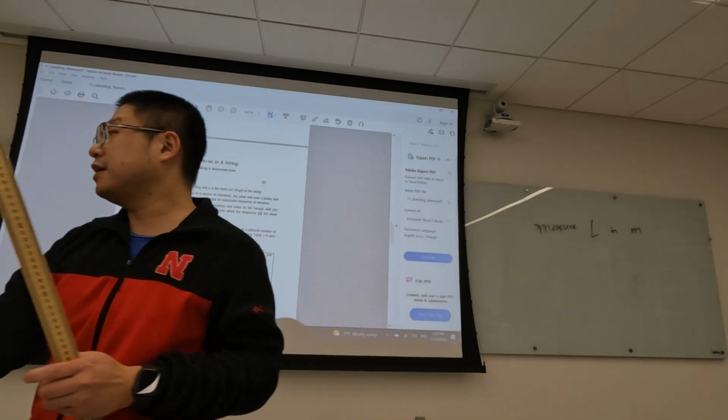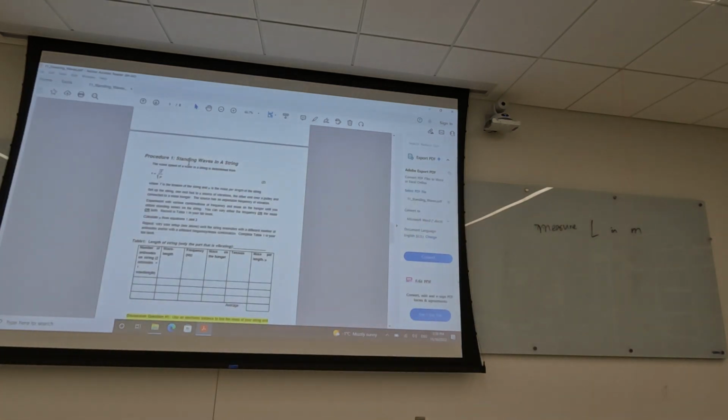Then turn on the controller, and you will be able to see the shape of the waveform and how many wavelengths it is. Then based on pre-lab question 1, you can calculate the wavelength.